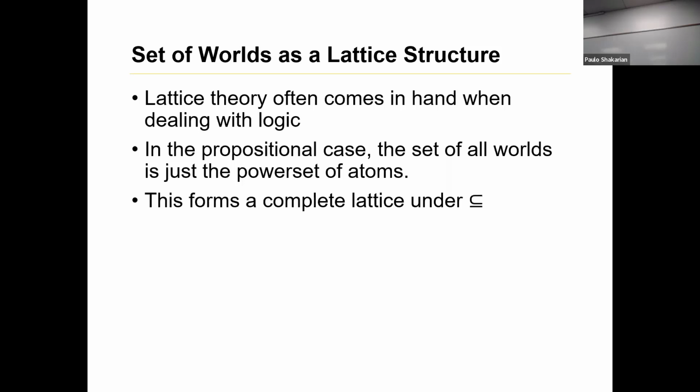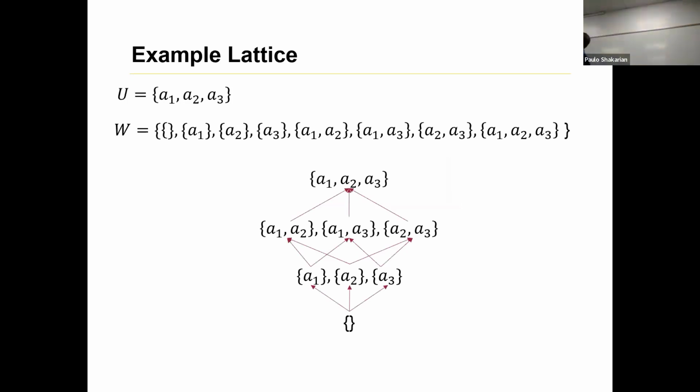At this point in mathematics, you don't have to prove that a power set forms a lattice. This is just something that is super well known. You can see there's a top element with everything, and a bottom element, the empty set. The empty set is a subset of all the singletons.